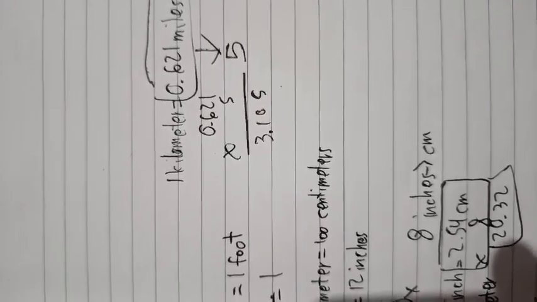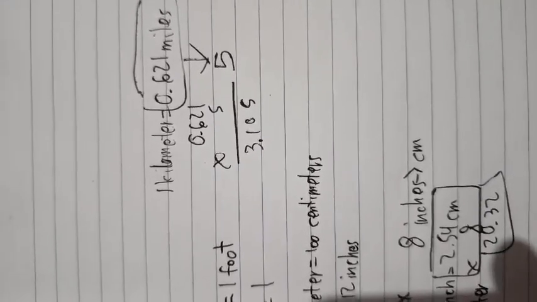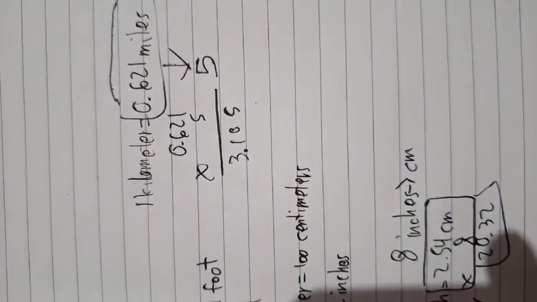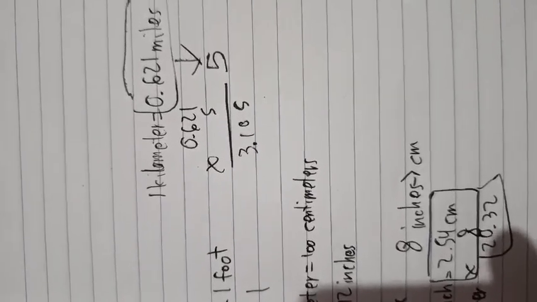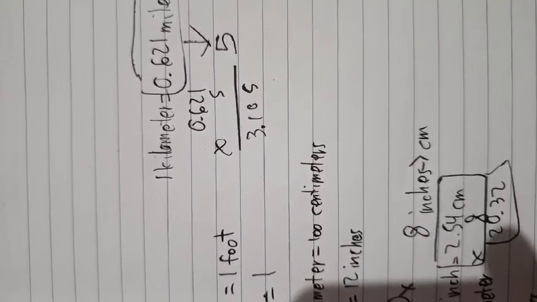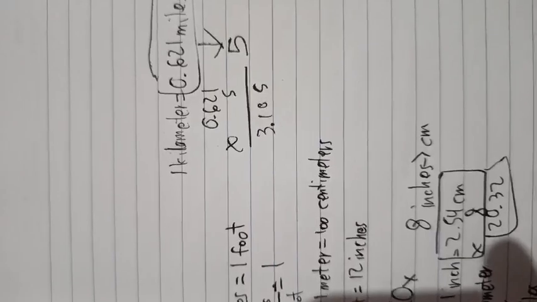Now, unit conversion may look simple, but it represents a deep principle. Quantities have dimensions, and operations must respect those dimensions. This is why dimensional analysis isn't just a trick. It's a safeguard against errors. NASA once lost a $125 million spacecraft because one team used pounds while another used newtons.